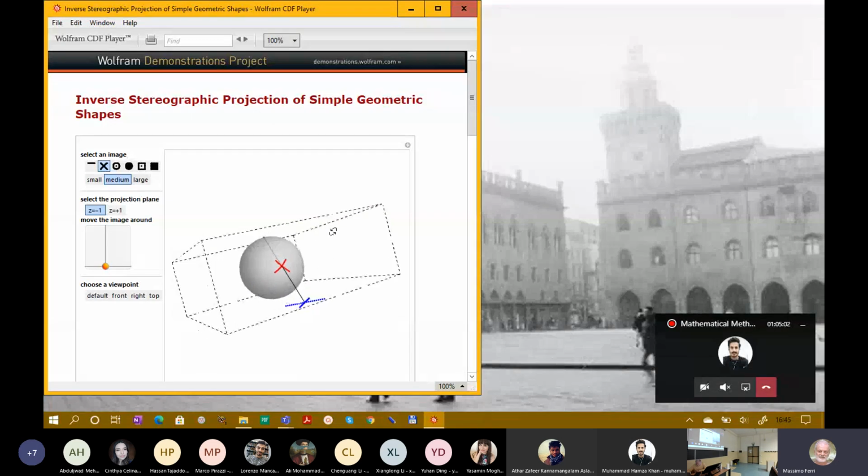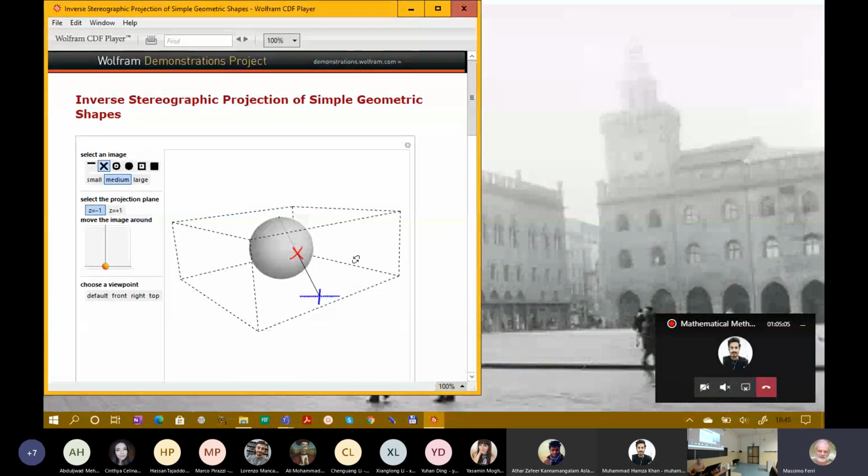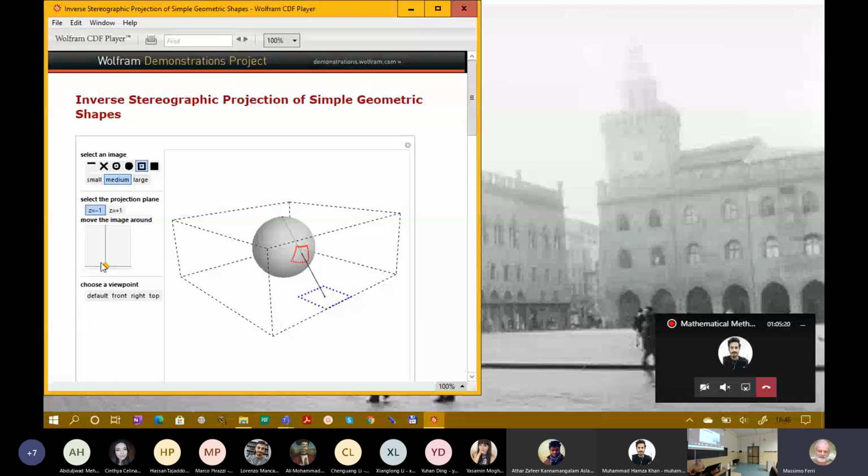Okay, just to have an idea of what this stereographic projection does. This one with the square is maybe the most interesting for us. You can see that as we approach the North Pole, the image on the plane goes away from the tangency point, towards infinity, so to say.